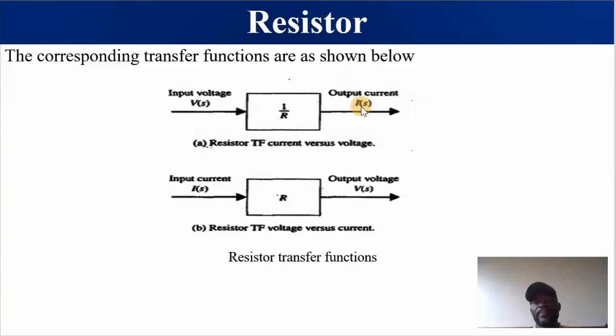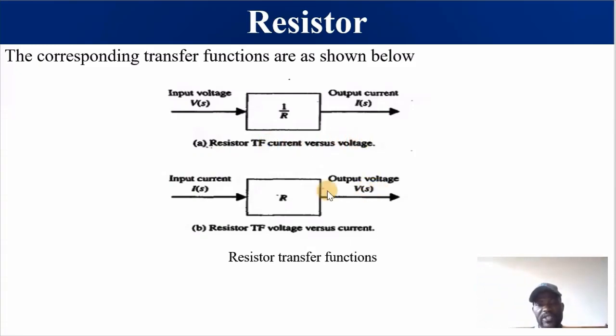As you can see, this is the Laplace transform of the output current. This is the Laplace transform of the input voltage. So we can say I of S is equal to V of S times 1 over R, showing the resistor transfer function, current versus voltage.